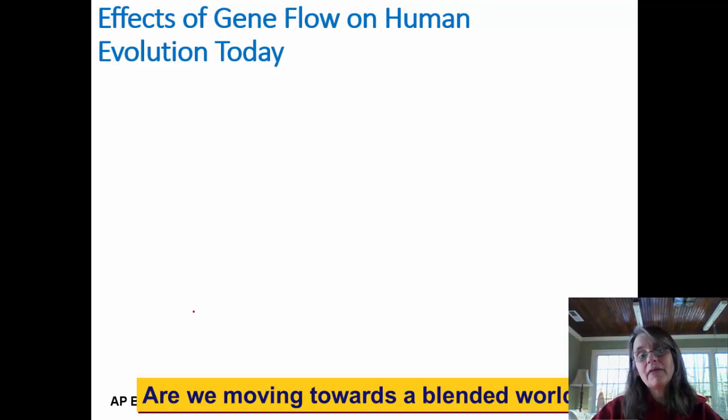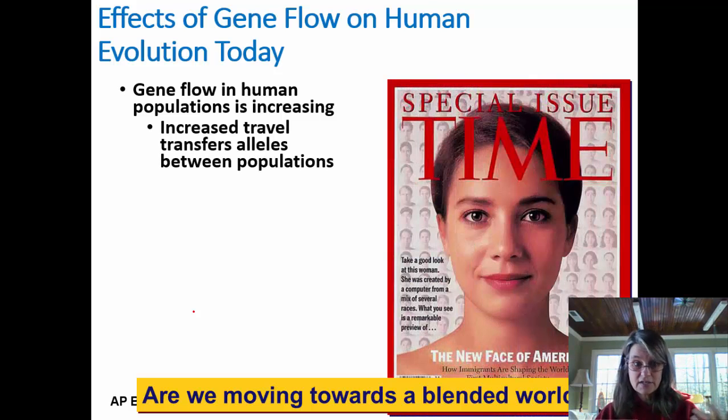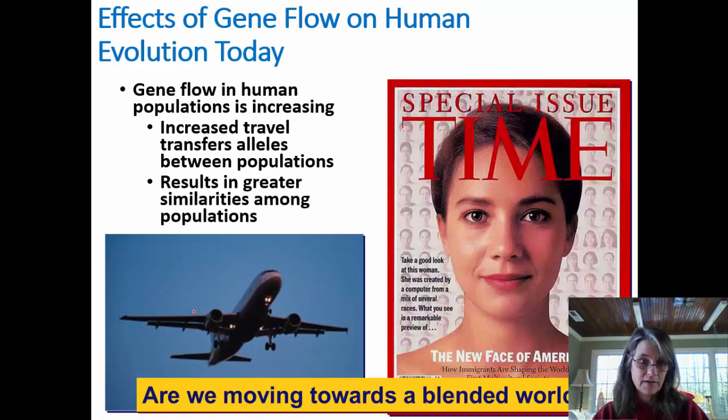So let's look at this in terms of human evolution. Gene flow in human populations is increasing due to increased travel, and that increased travel transfers alleles between different populations that would never have interacted before.